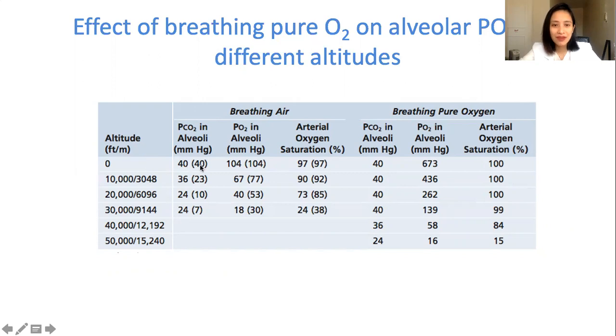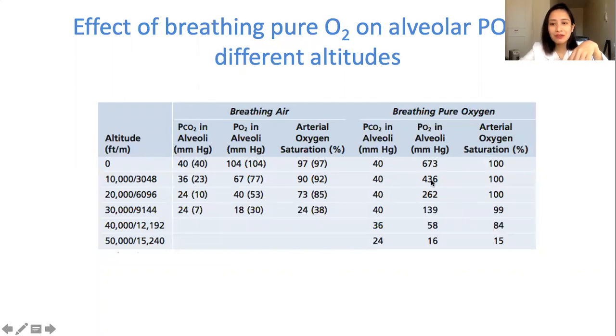At sea level, the PCO2 in the alveoli is 40 and the PO2 in the alveoli is 104. Remember, the PO2 in the air is 156, but in the alveoli, it's 104. If you check your oxygen saturation, it would be about 97 to 99%.